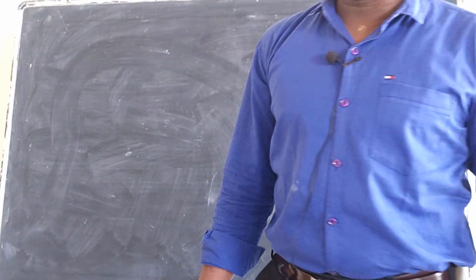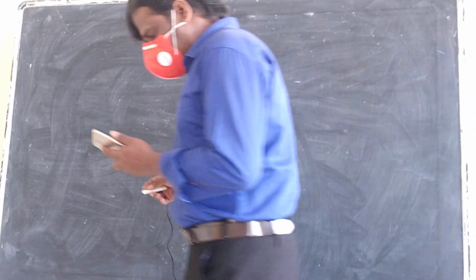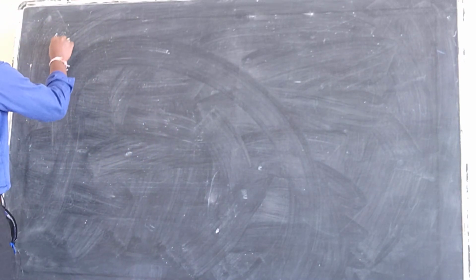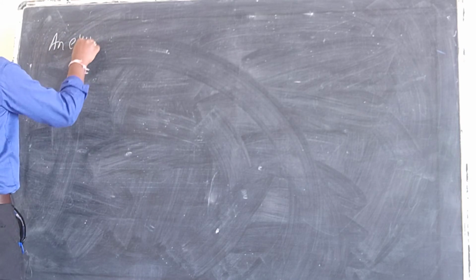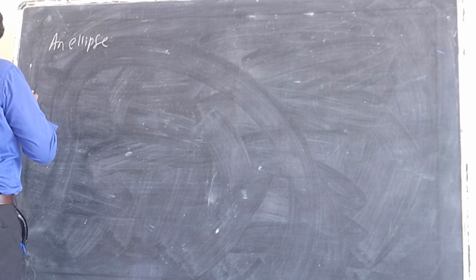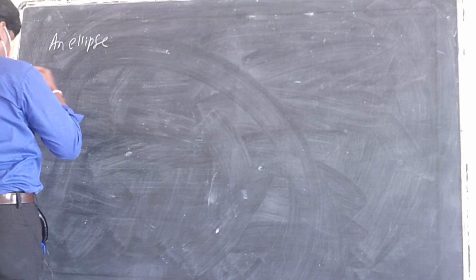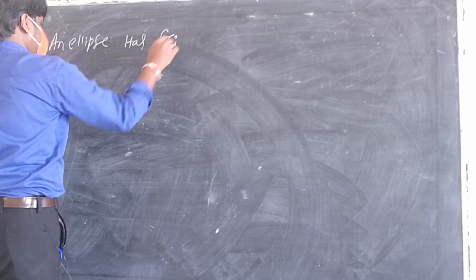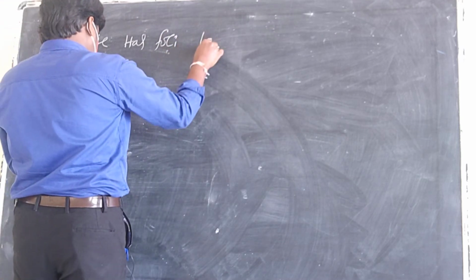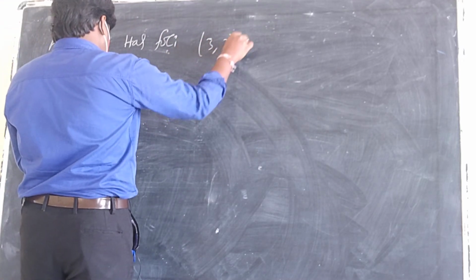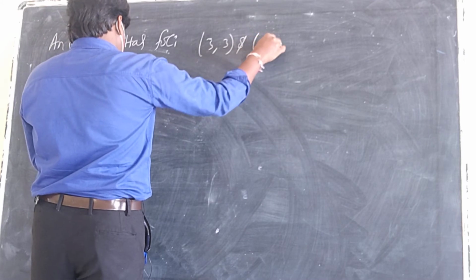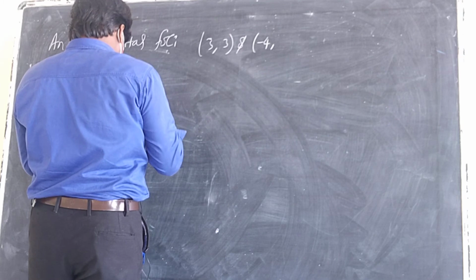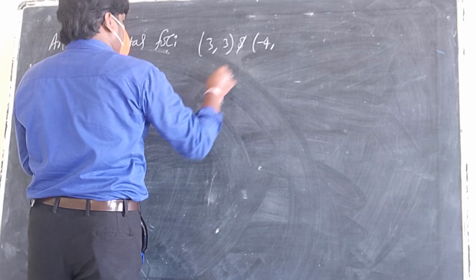Let's see the next question, how to solve. The next question is: write down the question here. An ellipse has the foci (3, 3) and (minus 4, 4). Is this 4, 4 or 4, 9? 4, 4.